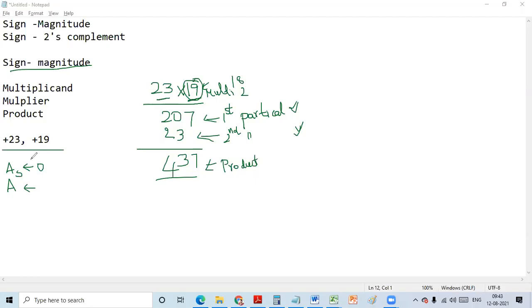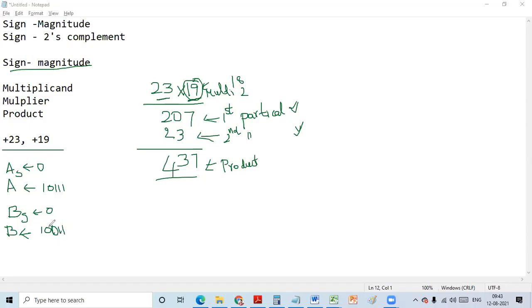Magnitude is 23, so it is 1, 0, 1, 1, 1. This is about the multiplicand. When we talk about the multiplier, my sign bit, which is BS, is 0, and my magnitude of the multiplier is B, which is plus 19, so it is 1, 0, 0, 1, 1.